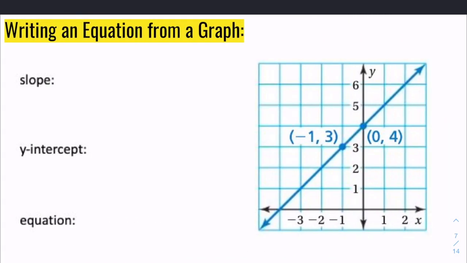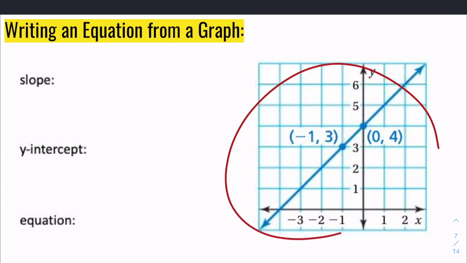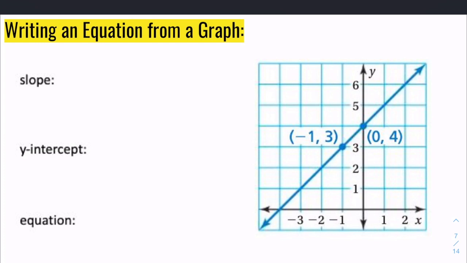Okay, you can also practice writing an equation from a graph. So here's a graph. On that graph, I have multiple pieces of information that I can tell visually. And if I can figure out what the slope and the y-intercept are, I'm able to write an equation in slope-intercept form.